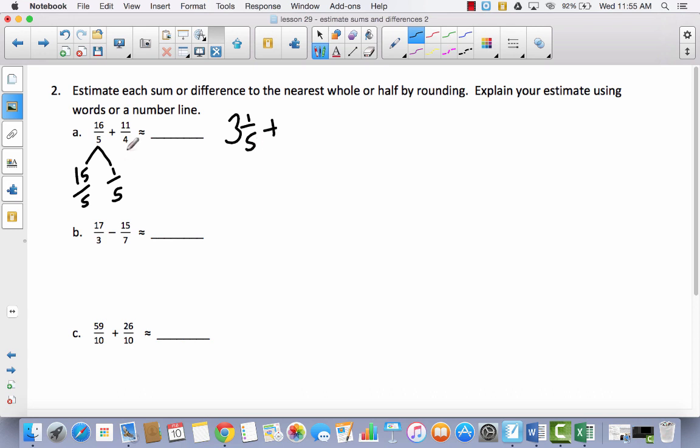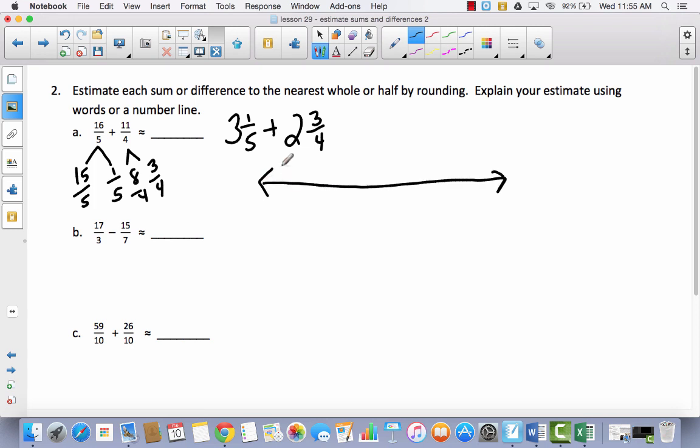And then let's go ahead and do 11 fourths. So let's see, 12 would be too much, so I'm going to have to go with 8 fourths, and then I'm going to have 3 fourths left over. So this will be 2 and 3 fourths. Okay, so let's go ahead and put these on a number line really quickly.